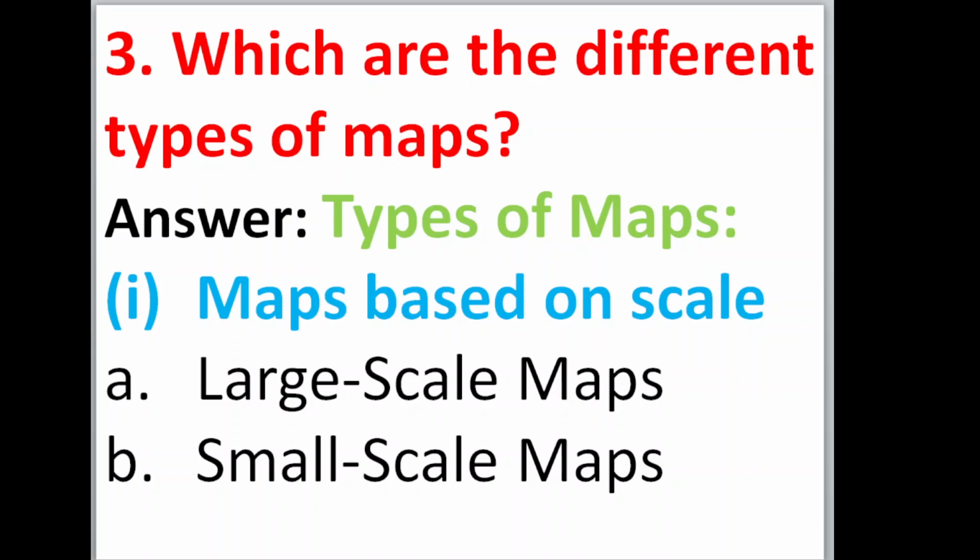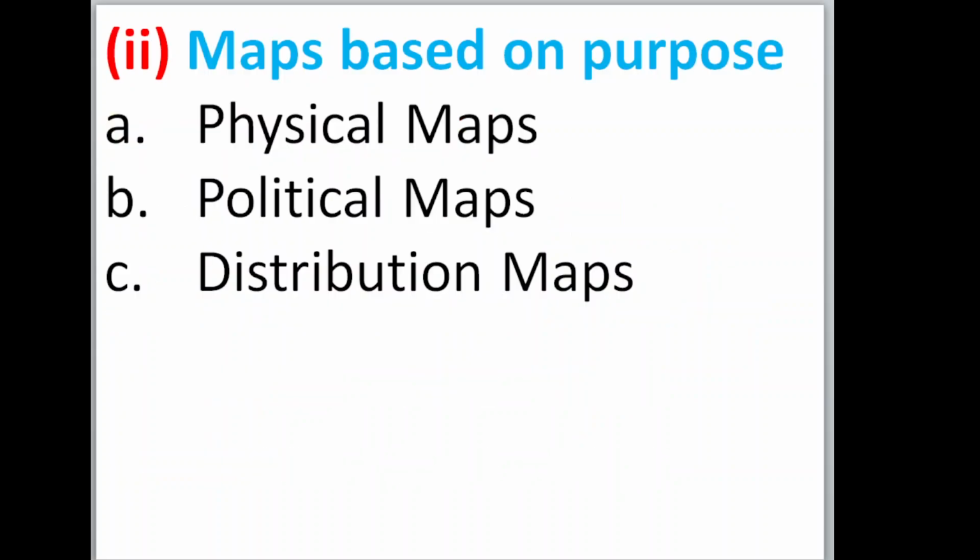In that we further classify into two categories: large scale maps and small scale maps. Then the second type is maps based on purpose. Here we classify them into three categories: physical maps, political maps and distribution maps.